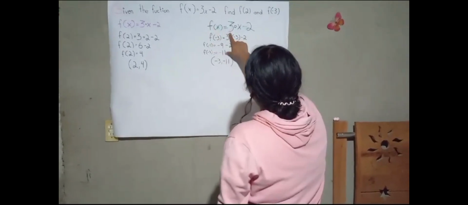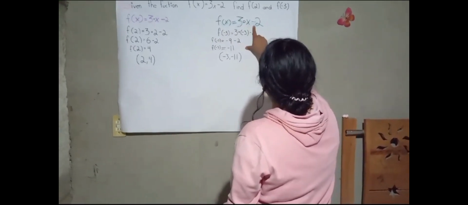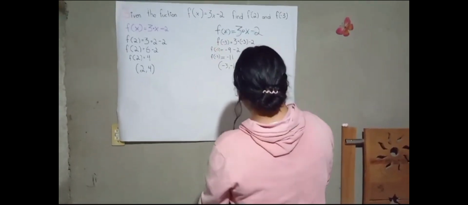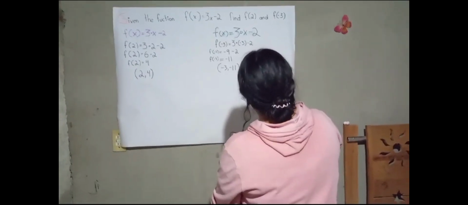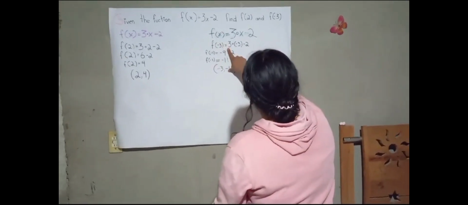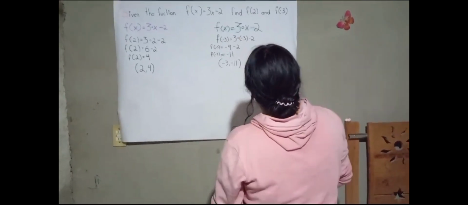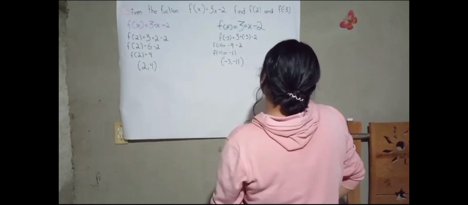Next, we work with the negative number. f of x equals 3x minus 2. f of minus 3 equals 3 times minus 3 minus 2.